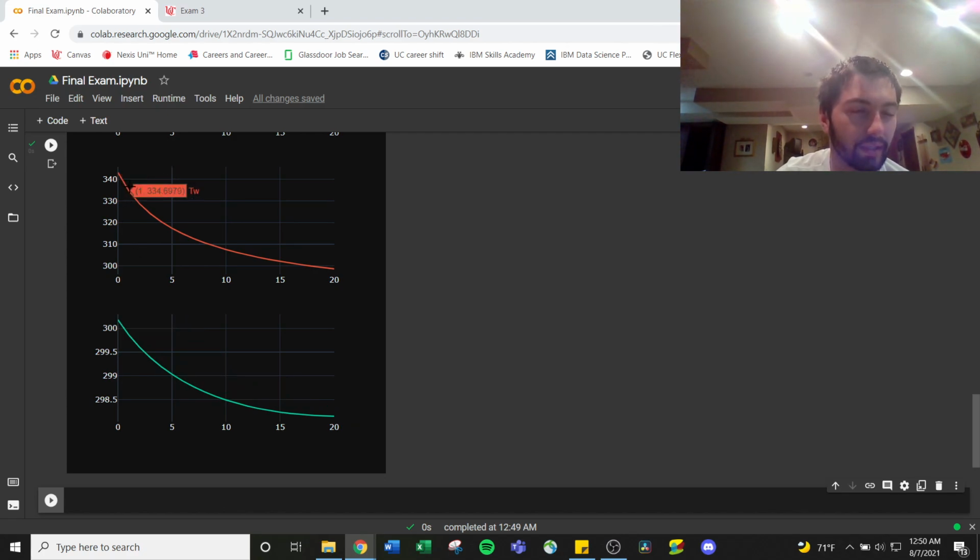The reason the water is able to get cooled a lot more than the gas heats up is that the water is also losing heat due to the heat required to actually evaporate the water. And that was why we included the heat of vaporization in our calculations and in our differential equations.